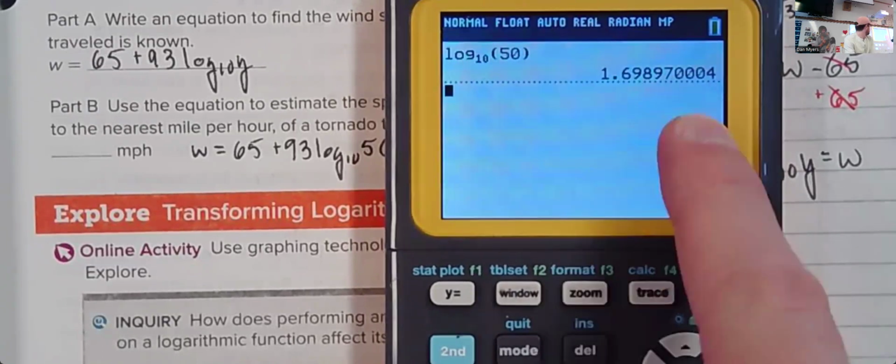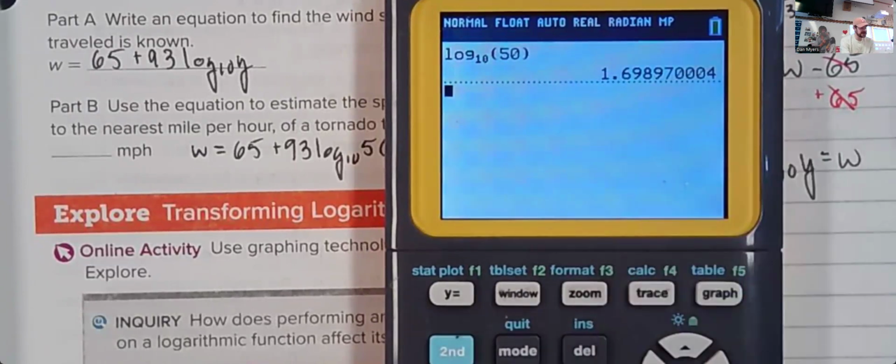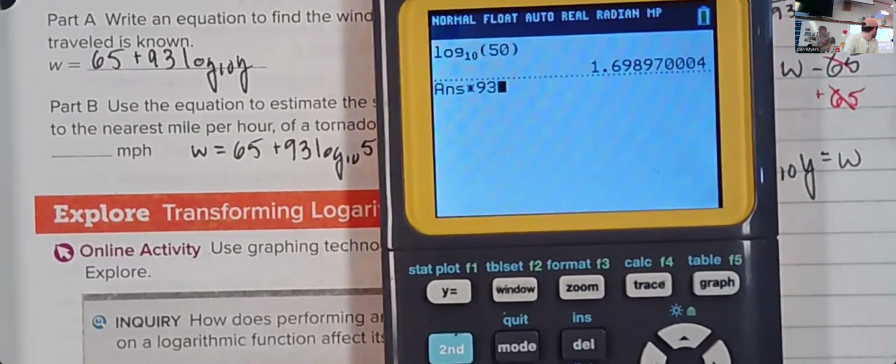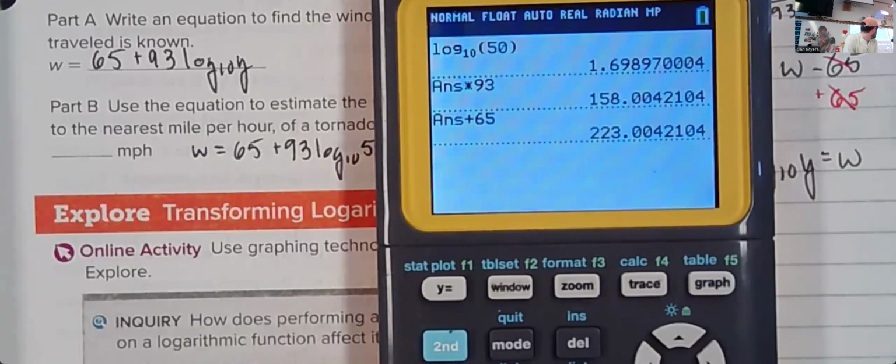And that's the number that we got on Friday. It's about 1.7-ish. Don't use 1.7 though. Just keep going with this and just write times 93. Plus 65. That's almost exactly 223 miles an hour.